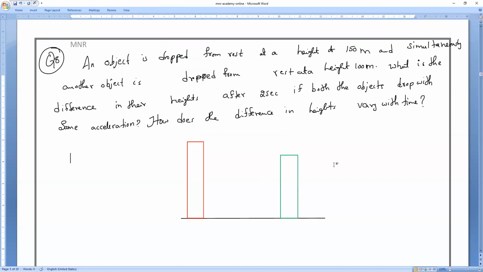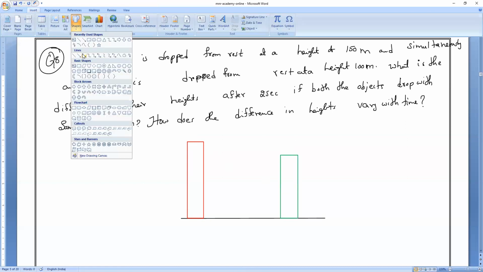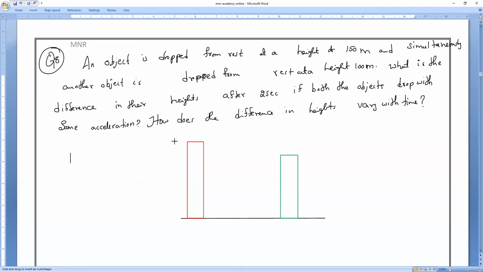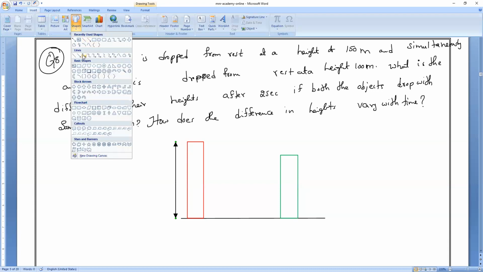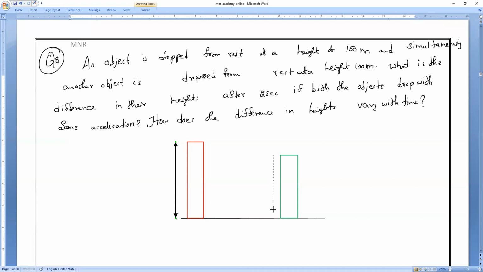Now if you notice, the height of the tower I will also mention. They have not mentioned towers, but I am drawing them for my purposes. Is it okay, guys? Any problem? So what is the height of this tower? 150 meters. And the height of this tower is how much? 100 meters.